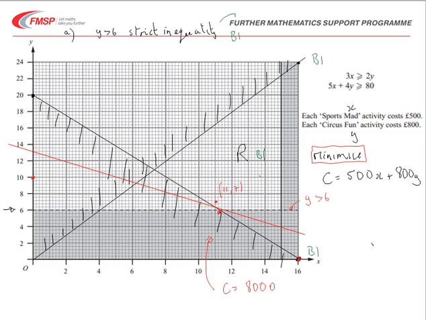You might want to check a couple of other points. It certainly can't be at 12, so this point here is not allowed, because y at this point here is equal to 6. So you might want to mark that on the diagram. Therefore our smallest value is going to be x equal to 11 and y equal to 7.